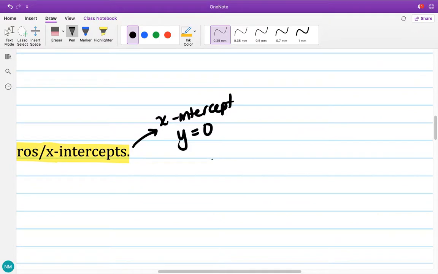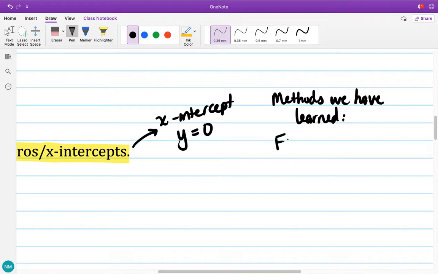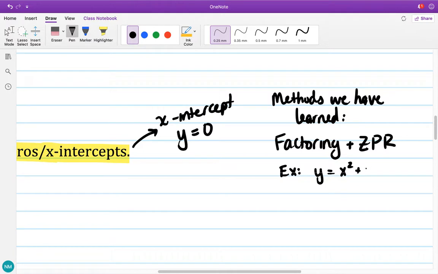So here's a little recap about what we've learned about solving. These are different methods we have learned. One is factoring plus the zero product rule. So an example is something like y equals x squared plus 3x plus 2. What multiplies to 2 and adds to 3?